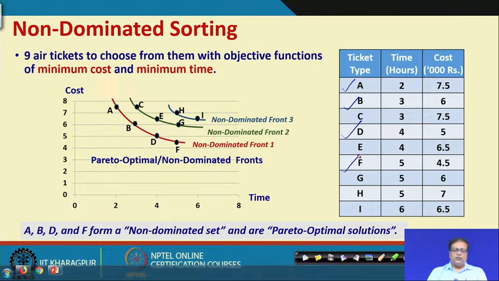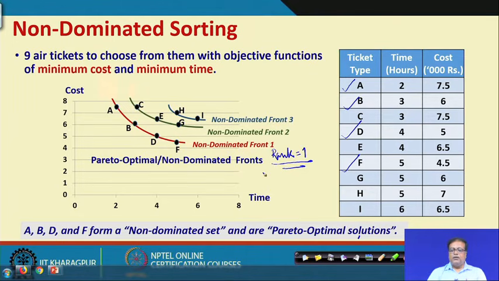We call the line that we get by joining them the non-dominated front 1, and we use non-dominated rank. So, we can say that for A, B, D, F, the non-dominated rank is 1.